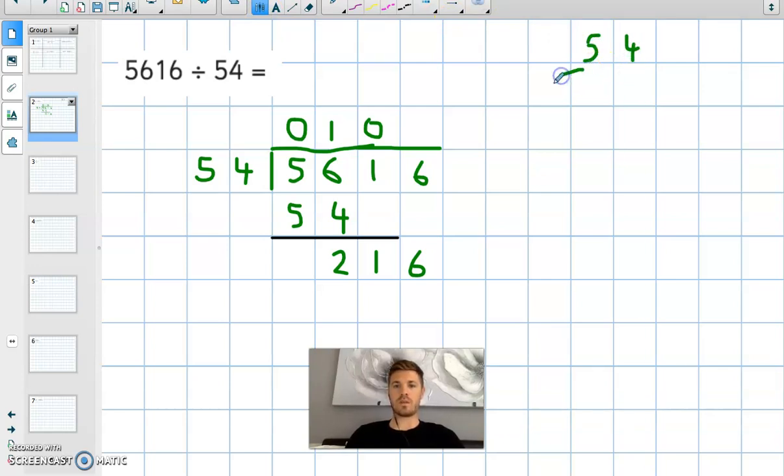So in this column, it's going to go up in 50s. In this column, it's going to go up in 4s, and 50 plus 4 is 54. Okay, that's the first multiple of 54. So next one in the sequence is 100. Next one in the sequence is 8. So 100 plus 8 is 108.